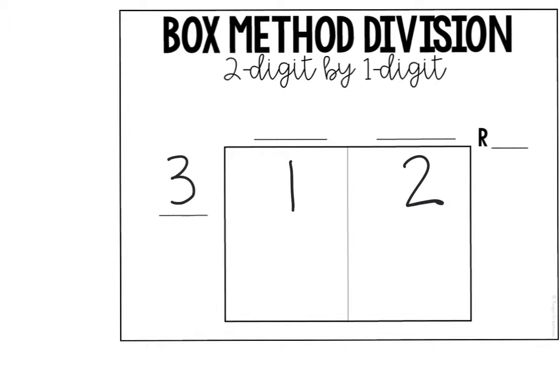So first I'm going to show you where everything goes. Just like we said, your total goes here. When you're doing 12 divided by 3, 12 is your total. That goes here. 3 goes right here. So remember, I always say total divided by number of groups, that's here, equals number in each group.